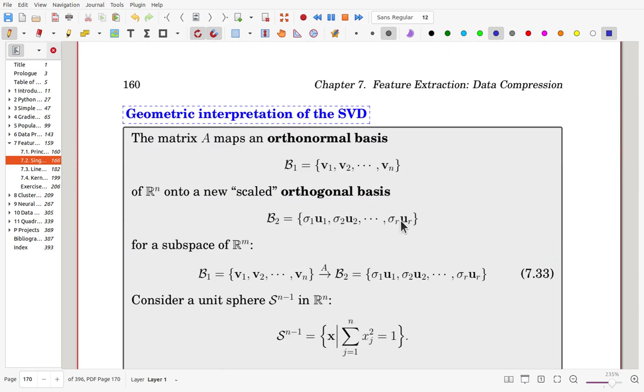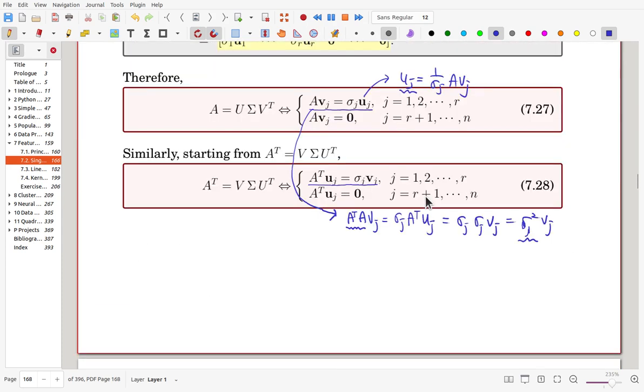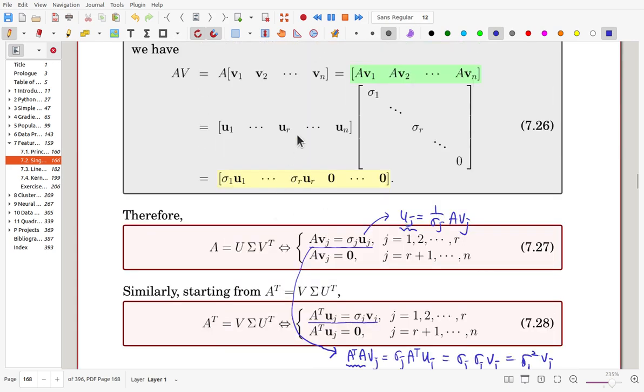Now we have the geometric interpretation of the singular value decomposition. A maps an orthonormal basis to a scaled orthogonal basis. Let's look at here. A times V1 to Vn is the same as sigma 1 u1 to sigma r ur, with rank r.